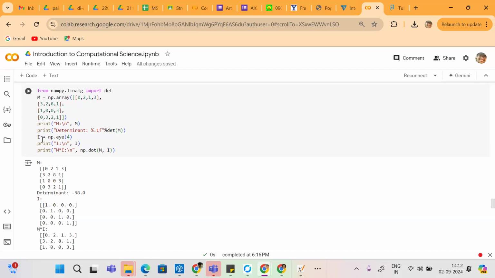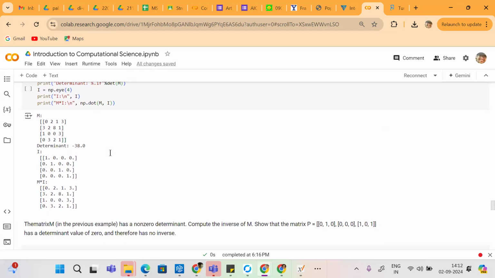So what I do, I create an identity matrix over here, np.I 4. That means it will automatically create a 4 cross 4 identity matrix with all diagonal elements 1, others 0. Okay. All right. So then what I'm doing here is dot M comma I. Okay. So you can see the same result over here.